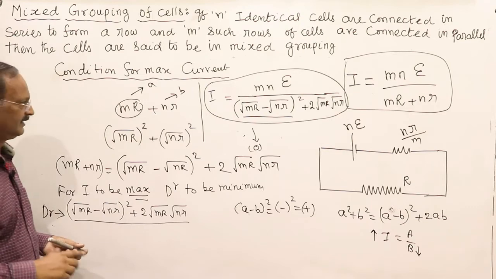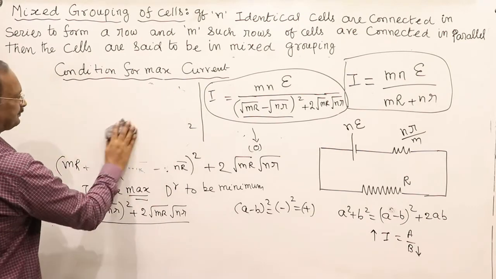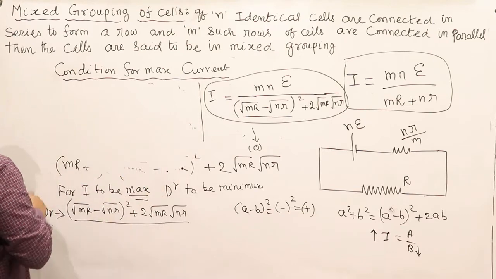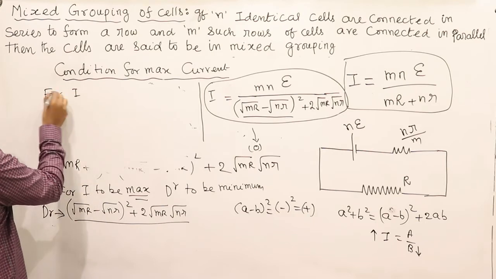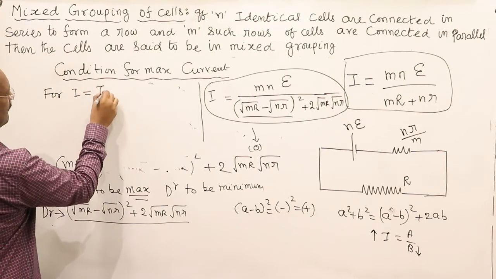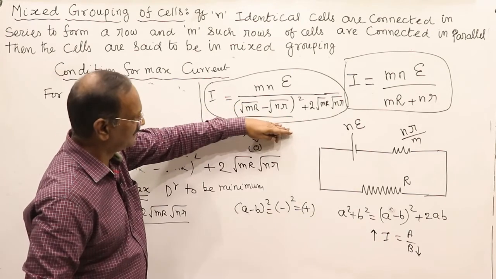For the current to become maximum, the denominator has to be minimum.